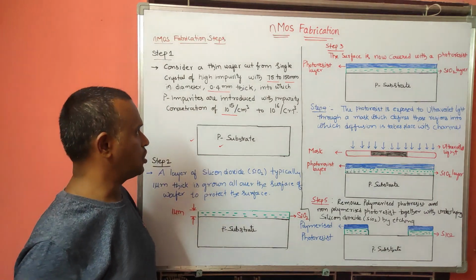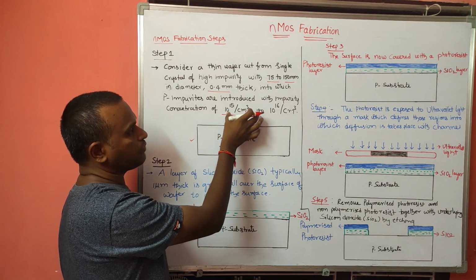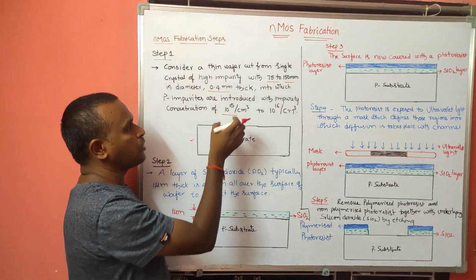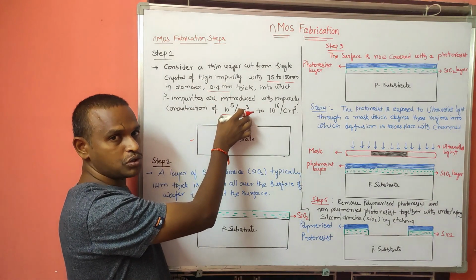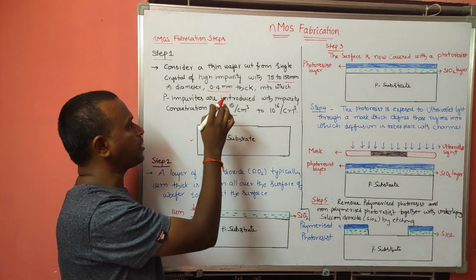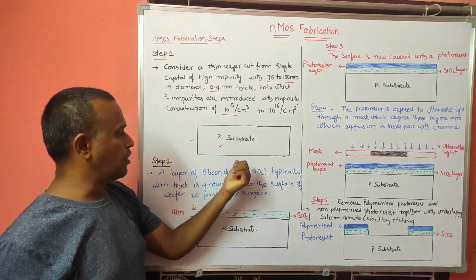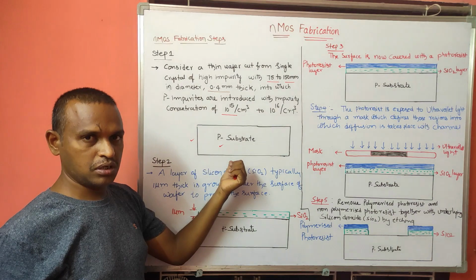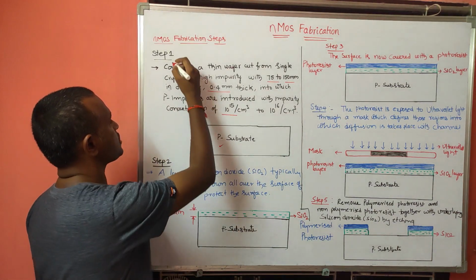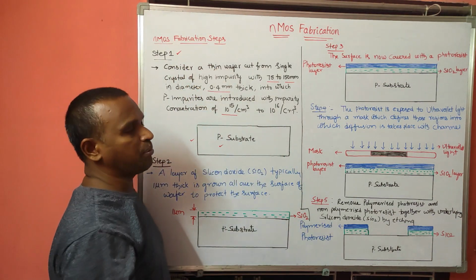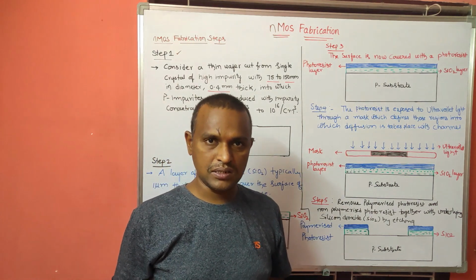Because of sending these impurities onto the pure silicon wafer with these doping concentrations, there will be a formation of p substrate. This is the first step while fabricating the nMOS transistor.